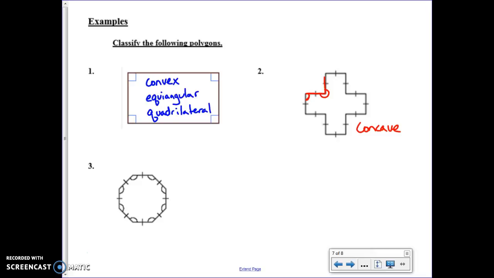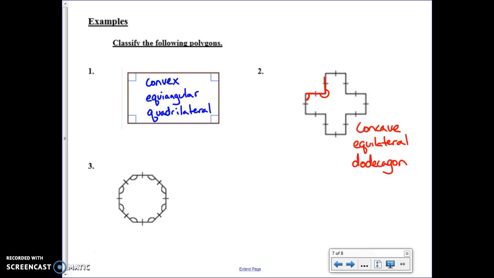So we can't call it equiangular, but I do see that all of the sides are marked, so we can call it equilateral. And if you count the number of sides, 1, 2, 3, 4, 5, 6, 7, 8, 9, 10, 11, 12 sides, which we learned was a dodecagon. So concave, equilateral, dodecagon is how we classify that figure.